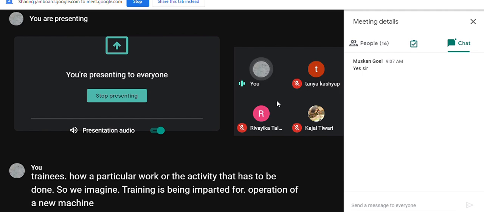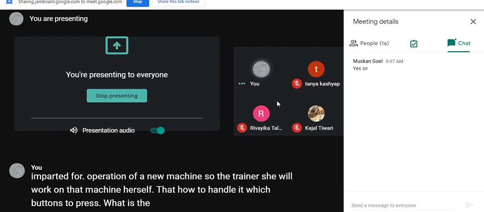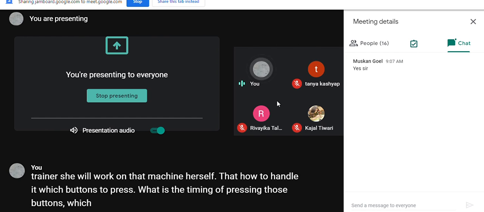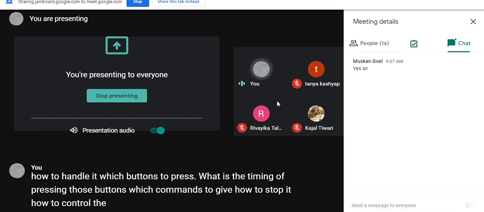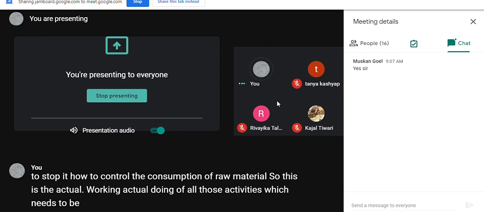So the trainer, she will work on that machine herself, showing how to handle it, which buttons to press, what are the timings of pressing those buttons, which commands to give, how to stop it, how to control the consumption of raw material. So this is the actual working, actual doing of all those activities which need to be trained. Is it clear now? Yes, sir.